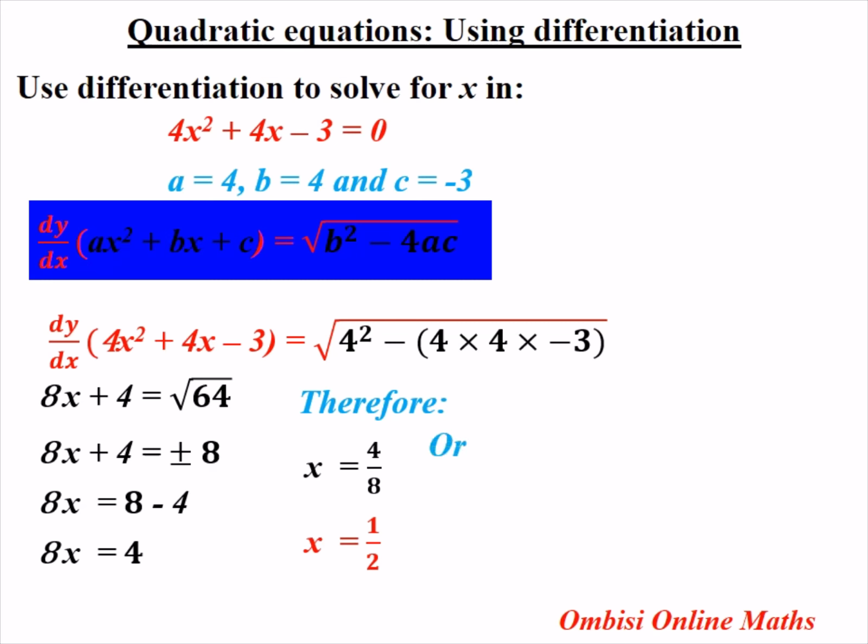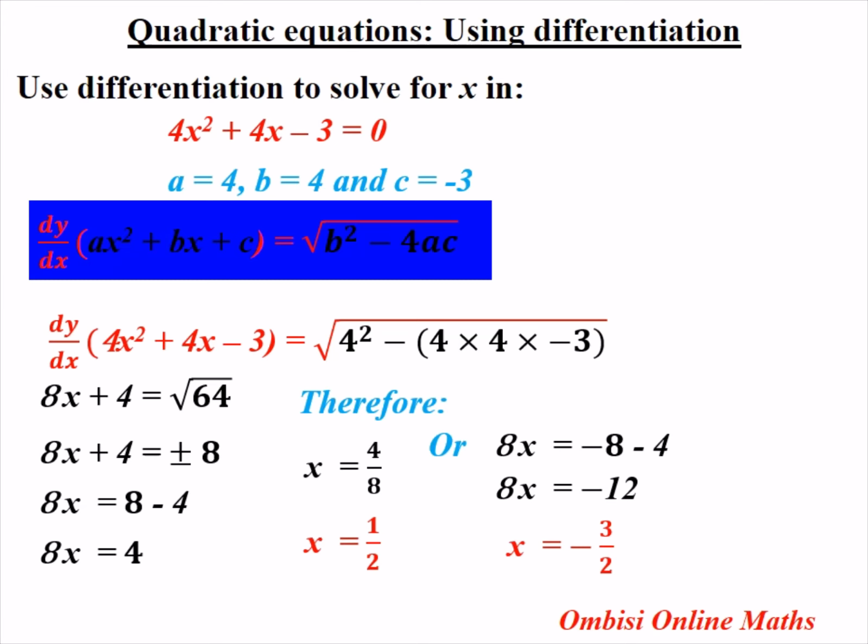Or when the square root of 64 is negative 8, 8x equals negative 8 minus 4, which simplifies to 8x equals negative 12. Divide both sides by 8, then simplify, and you find that x equals negative 3 over 2. So you can see that differentiation has helped us to find the values of x in this quadratic equation.